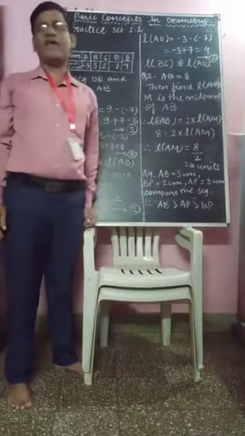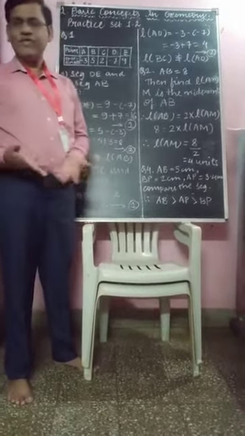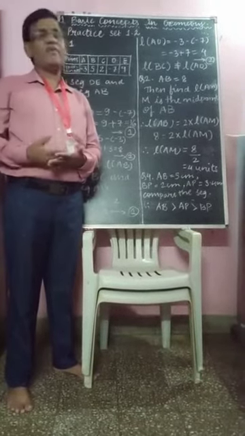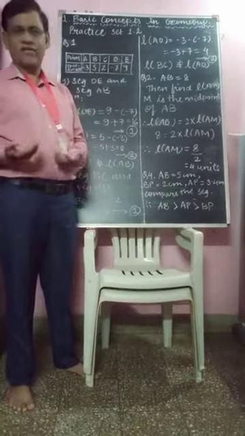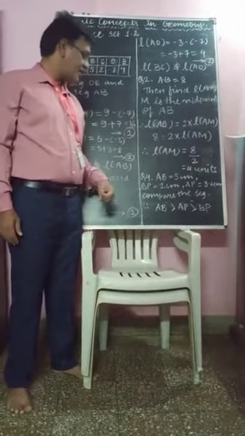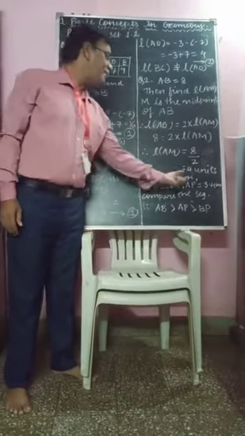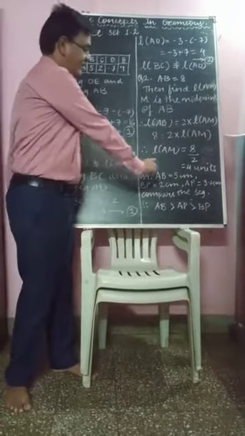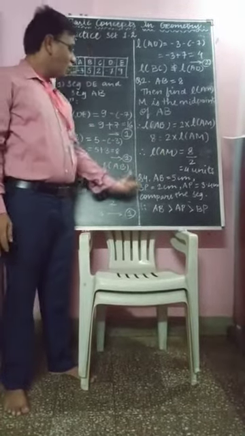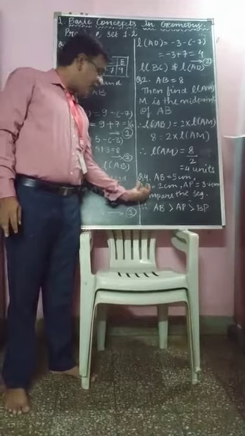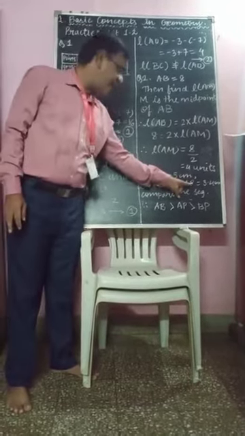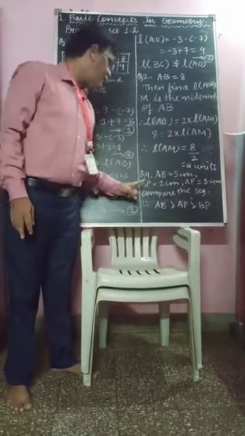And you have to compare the segments. Compare means what? You have to decide which segment is greater and which segment is smaller, or whether they are equal. So first see, AB is 5, BP is 2 and AP is 3.4. It means the highest length is AB, that is 5 centimeter, and the smallest length is BP, that is 2 centimeter, and AP is greater than BP.